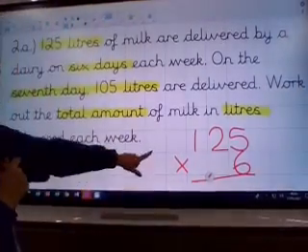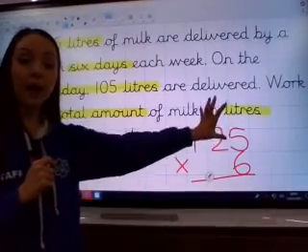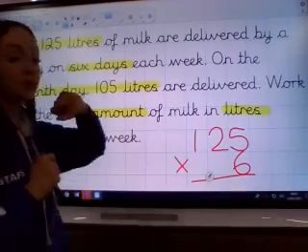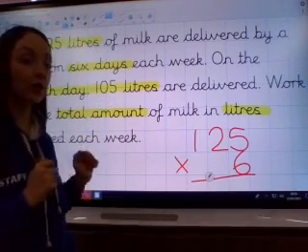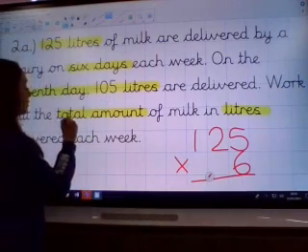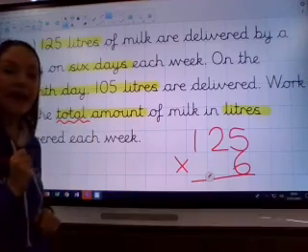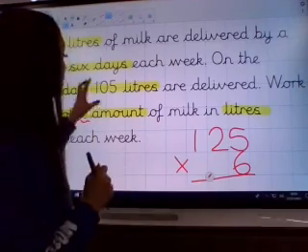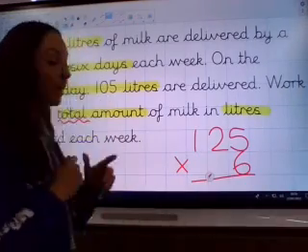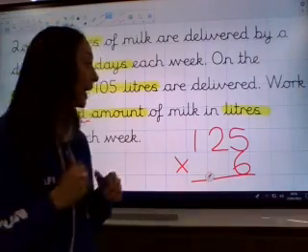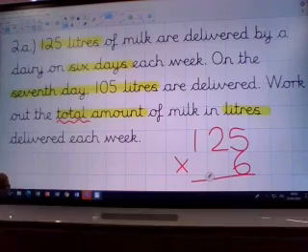So 125 times 6, and that will tell you how much milk is delivered on those 6 days. But then we need to add on this 105, don't we? Because we know that total means adding. We need to add it together. So do 125 times 6, add on the 105, and that will give you the total amount. Okay?